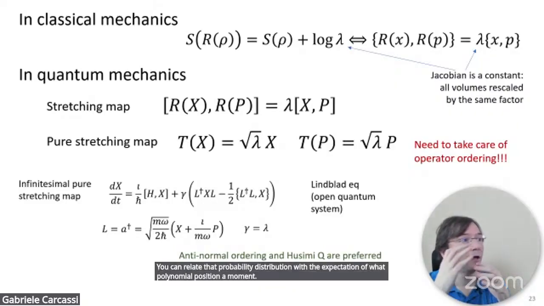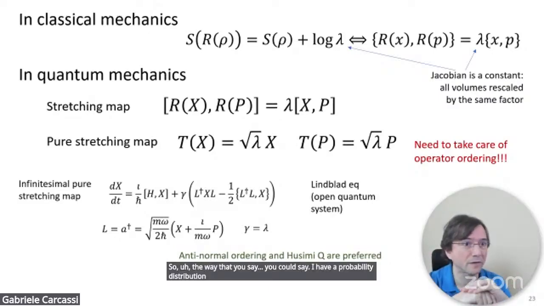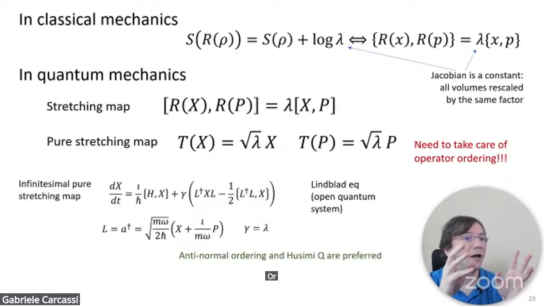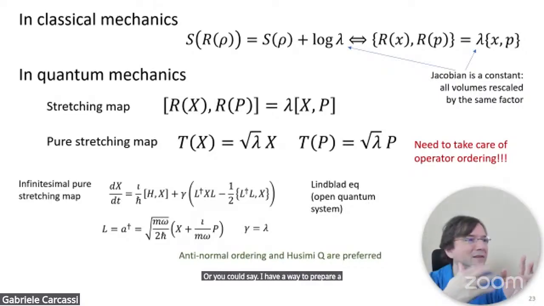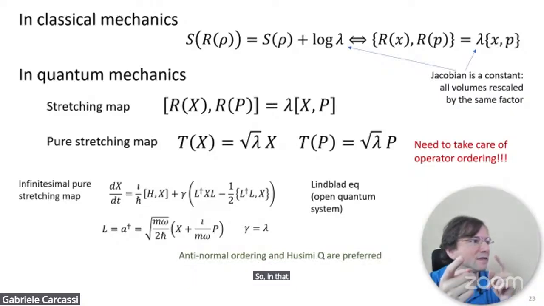So you could say, I have a probability distribution over phase space, or you could say, I have a way to prepare a system that has all these expectations well defined. In that sense, you can go back and forth.